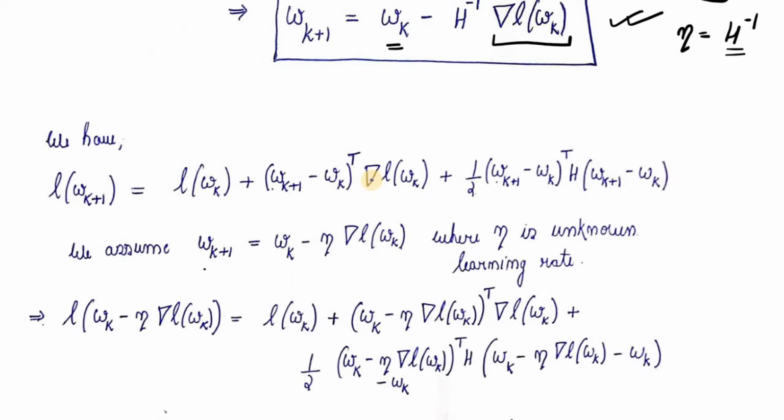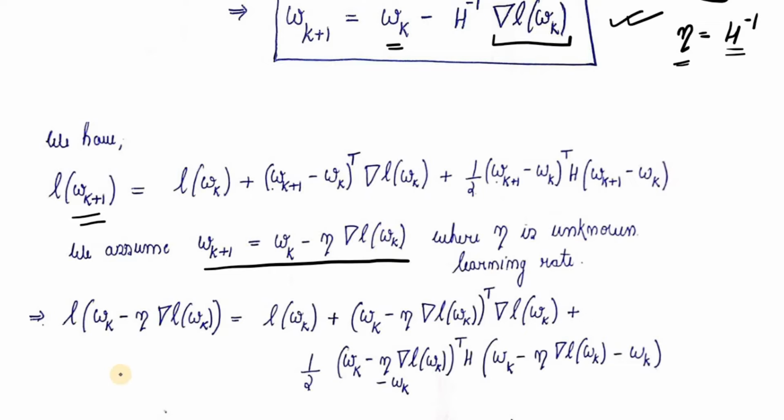We take note of the fact that w(k+1) could be represented like this based on the updation rule we have determined previously, with the only difference that we want a scalar eta to substitute H inverse. We take the expression of L(w(k+1)) as we have derived previously and substitute the value of w(k+1) using this assumption in the expression.